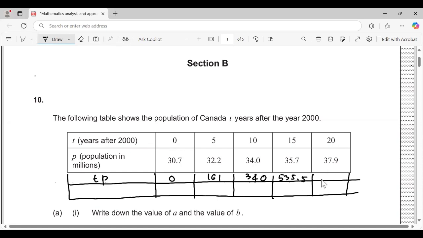And this one is 758. And this column is T squared: 0, 25, 100, 225, and this is 400.